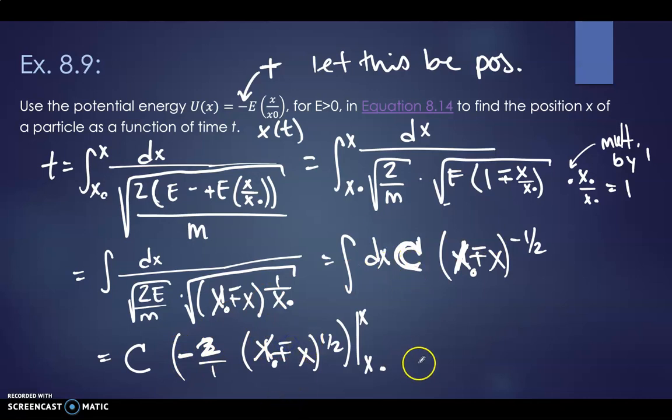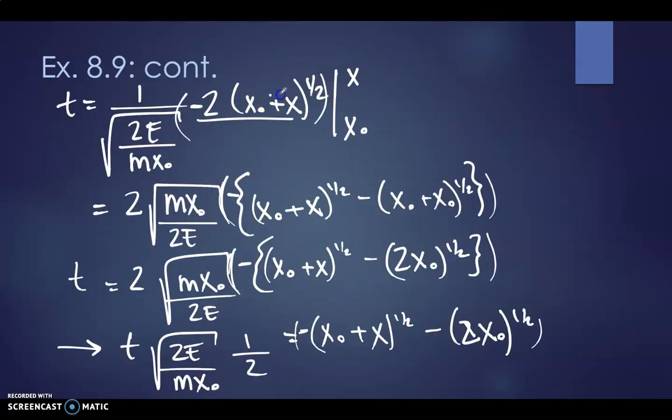Okay, so we have a negative there, so a negative here, and negative here, and here. This is still minus. Okay, so that kind of catches us up to where I was solving for our time here.